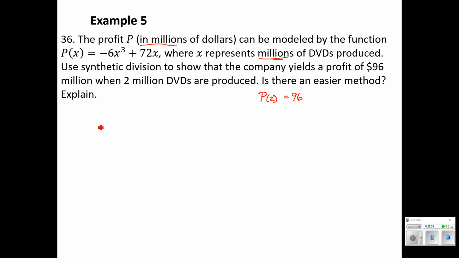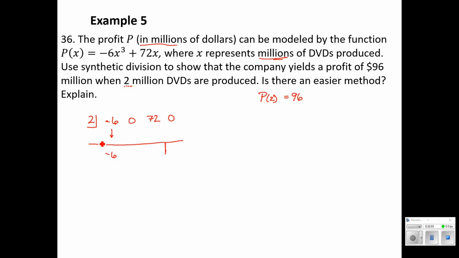Now, if I want to use synthetic division, they give us a solution for an X value, an input, a 2. So that goes in the box. We've got -6x cubed, 0x squared, 72 x's, and 0 for a constant. So we have those placeholders there. And then our separator to find the remainder.